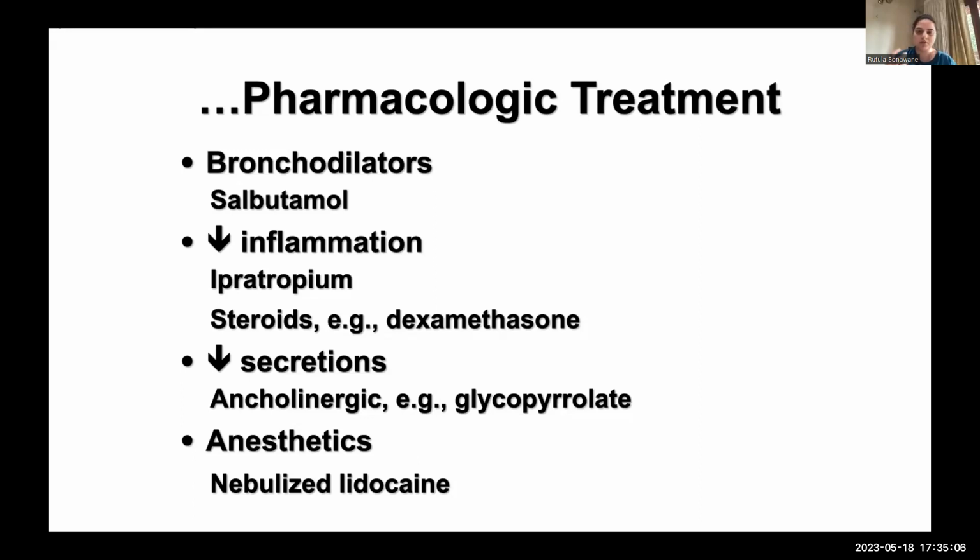Especially so, glycopyrrolate can be given as subcutaneous injections and titrated up according to the needs. Usually you can start off with twice a day dosing and then increase accordingly. Sometimes nebulized lidocaine can also be used, but again, it depends on whether it will help the patient or not.